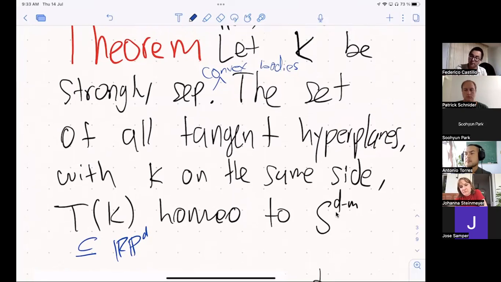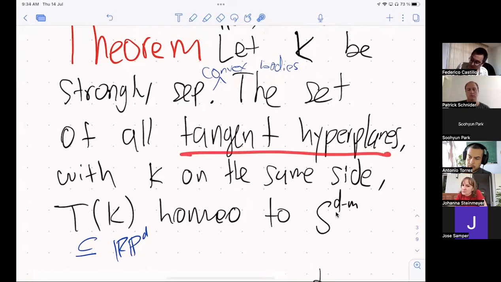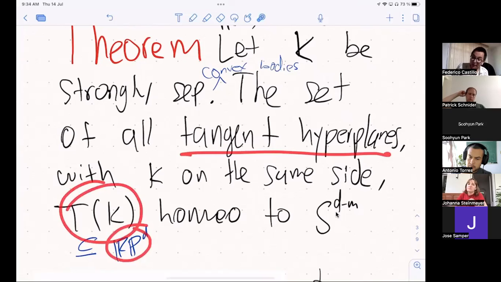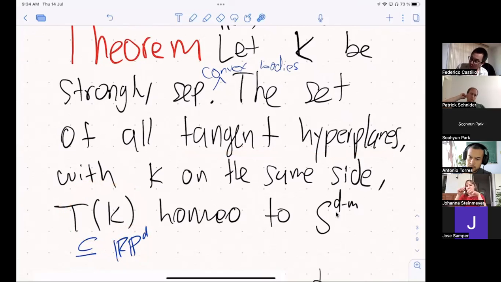So you have D plus 1 parameters, and we don't care about the scalar. So this is a real projective space. Inside that space, we can talk about topology. The tangent hyperplanes are a subset, so they inherit a topology, and this topology will be homeomorphic to S, a sphere of dimension D minus M.